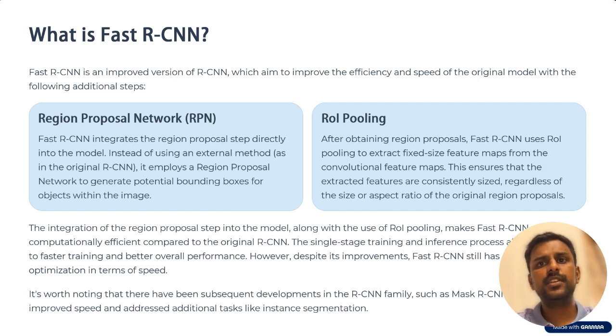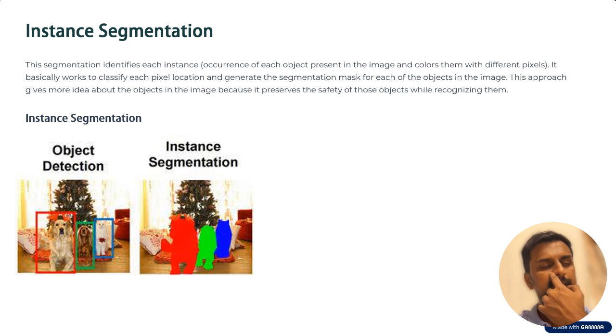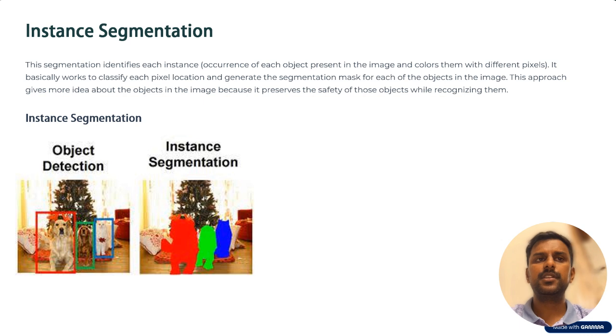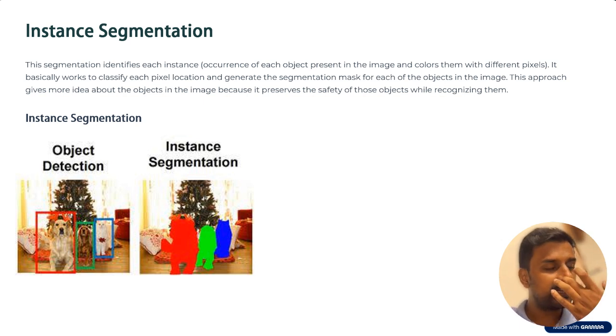So that's where our Mask R-CNN comes into the picture, along with a new capability called instance segmentation. As previously explained, along with object detection, in instance segmentation we are trying to depict pixel-wise where our object is located in our picture.